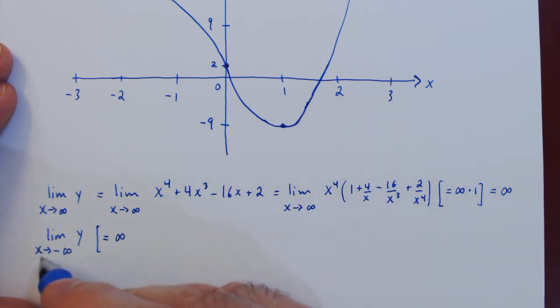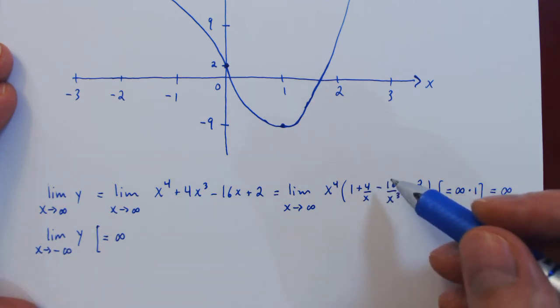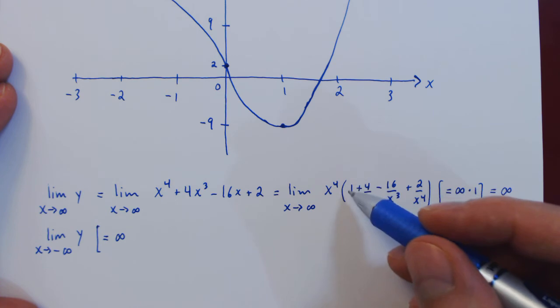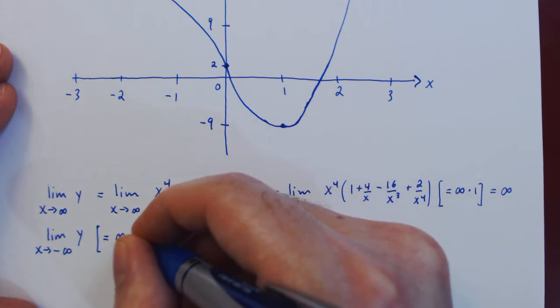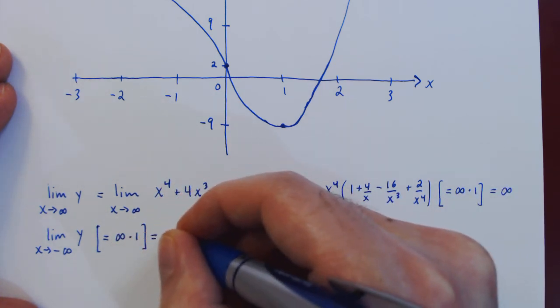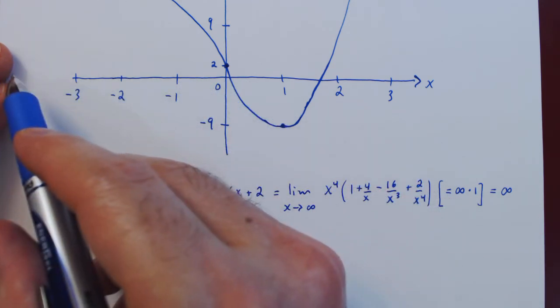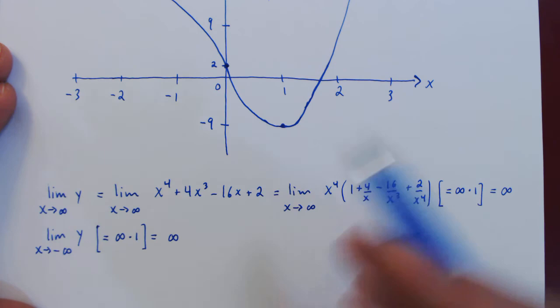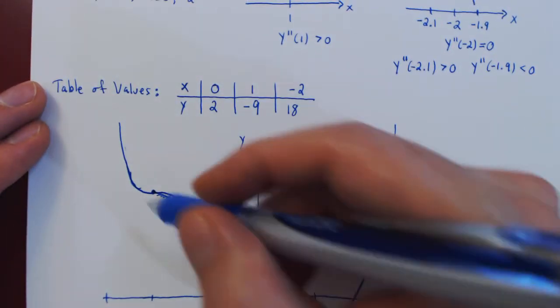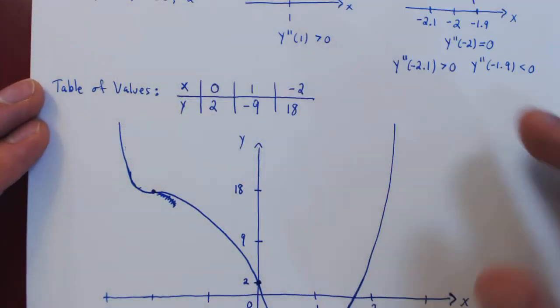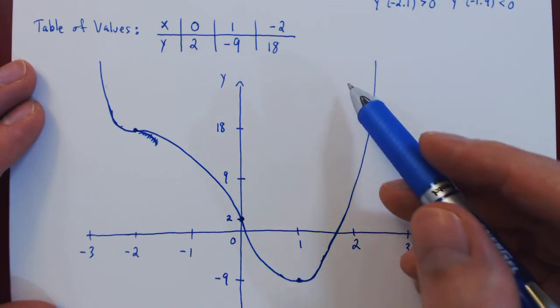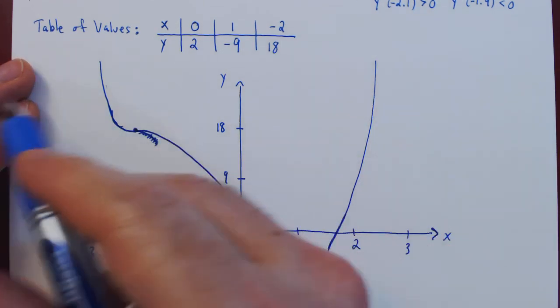And as x tends to negative infinity, these three terms will also shrink to 0, so this will be approaching 1. And the limit is once again positive infinity. So as x gets larger and larger and negative, y shoots up to positive infinity. So it keeps increasing forever. So it's clear that we have no horizontal asymptotes on the right or on the left.